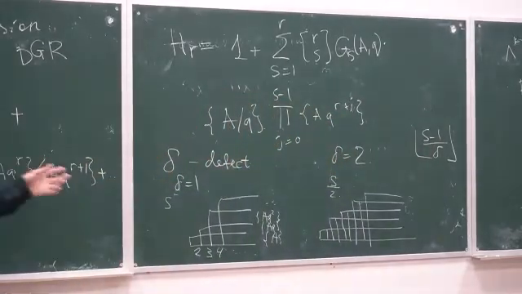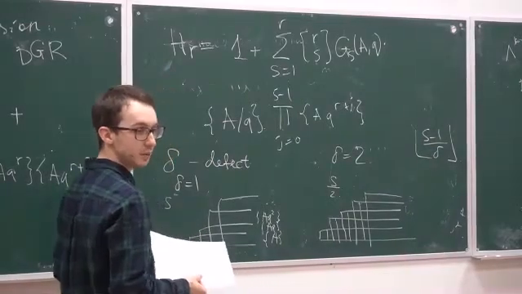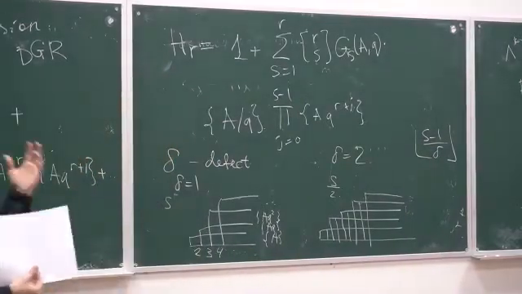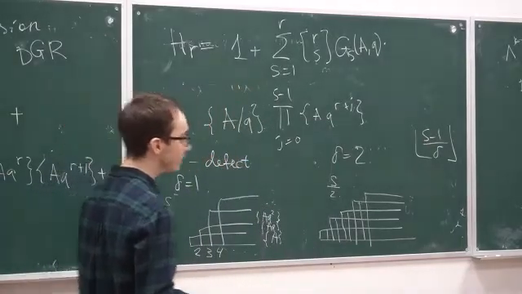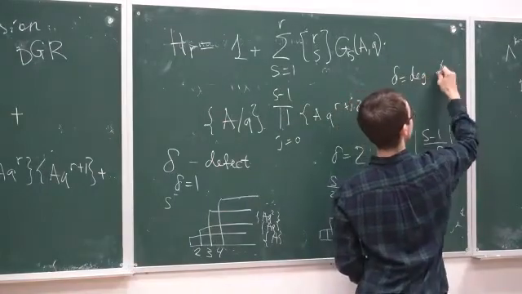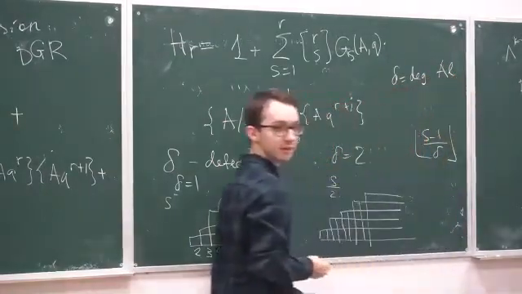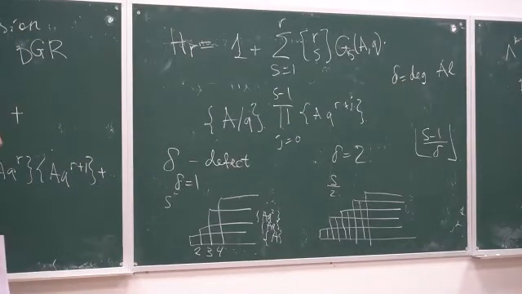So this structure for every knot is parameterized by one single number delta. And delta is a very simple quantity, actually. It is the degree of the Alexander polynomial. This fact is totally unclear.